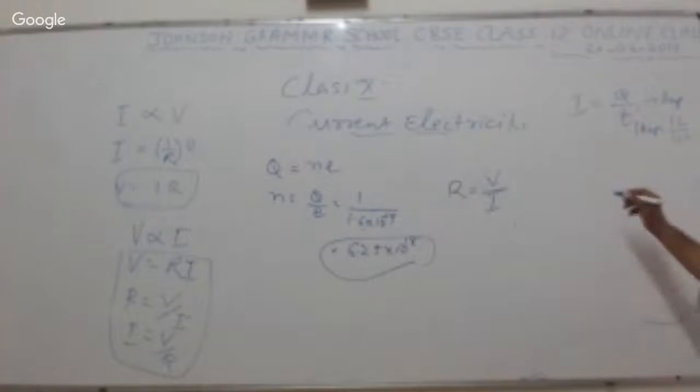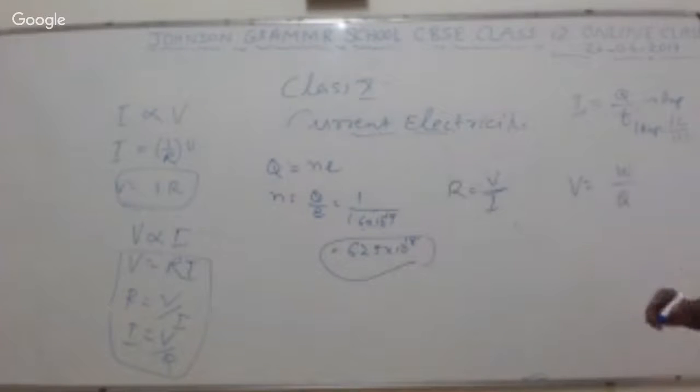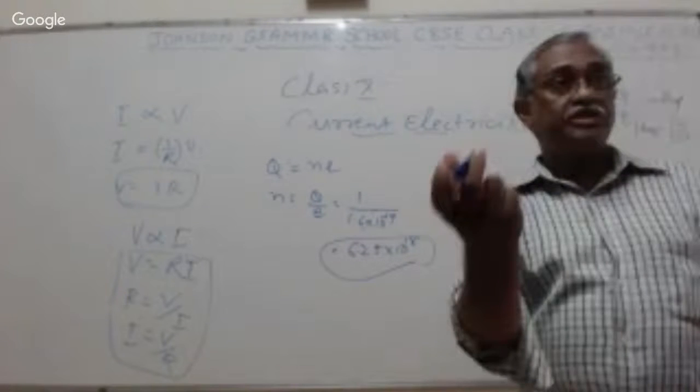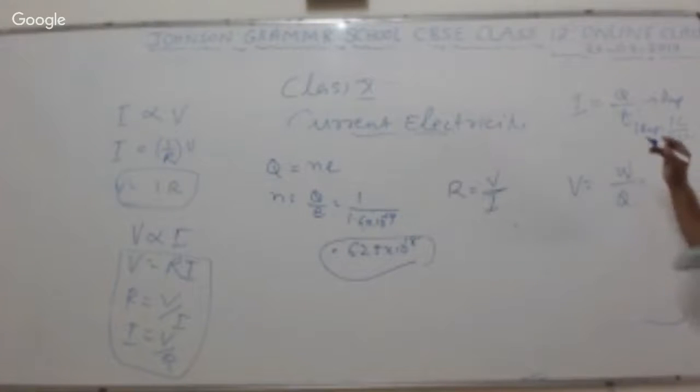And similarly, voltage we have also seen: V is equal to W by Q. When you say 1 volt, we have seen one small cell, where 1.5 volt is the EMF of the cell. W is what we call work done. The unit of work done is 1 joule, and charge is 1 coulomb.